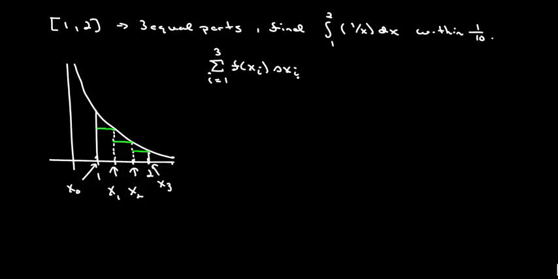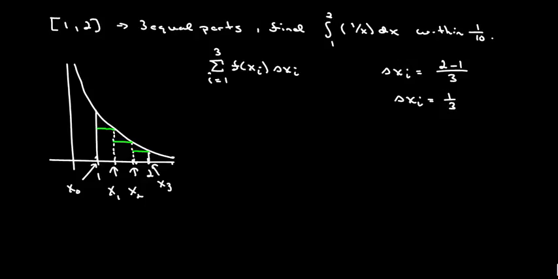Now these are all going to be the same. Each delta x is going to be the total length, which is 1, divided by how many times we subdivide it, which is 3. So each delta xi is equal to a third.